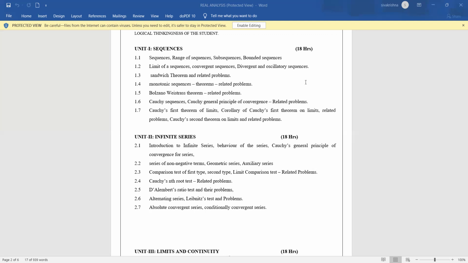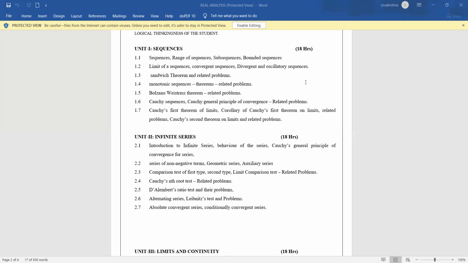If you have alternately positive and negative terms, then we say that the series is an alternating series. For those series also, we can say whether they are convergent or divergent. To do this, we will use the Leibniz test.